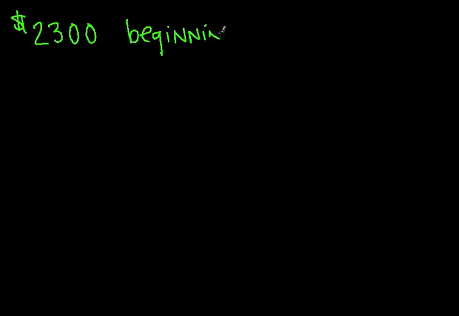So let's look at an example. Miss Murata is looking at the 7th grade DC Club balance at the beginning of the school year this year. And when she's looking at it, she sees that there is $2,300 to start. That's how much there is at the beginning of the school year, the original amount.